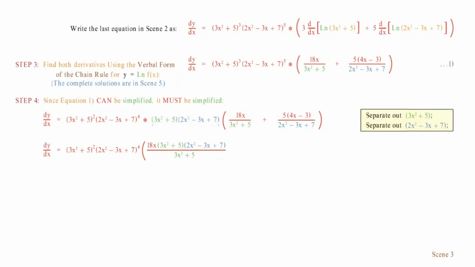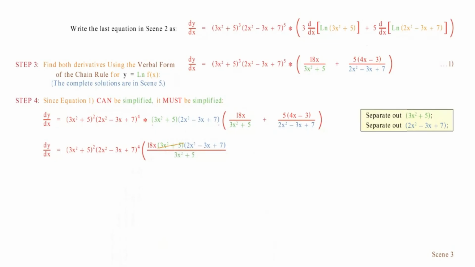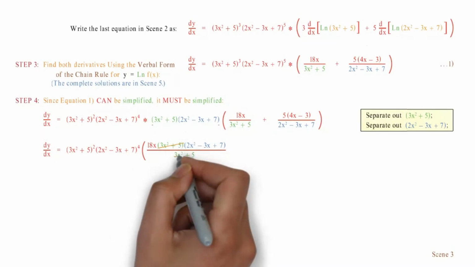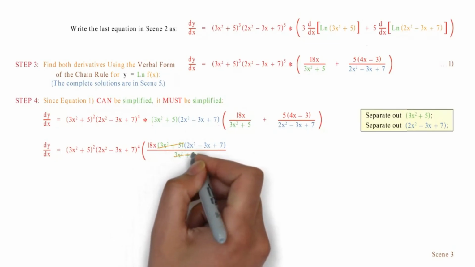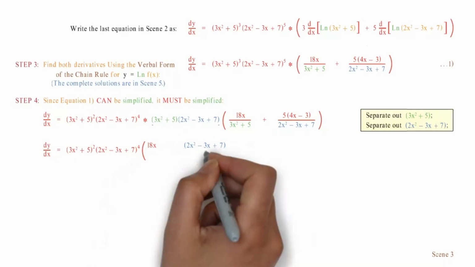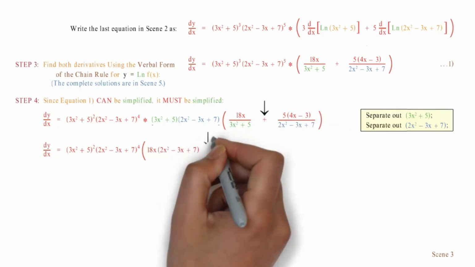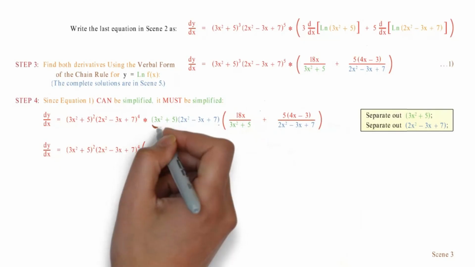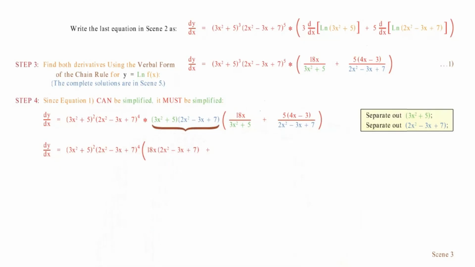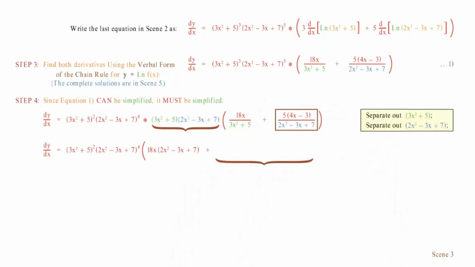Now cancel 3x squared plus 5 with 3x squared plus 5. Plus is plus. This expression times this quotient is equal to this quotient.